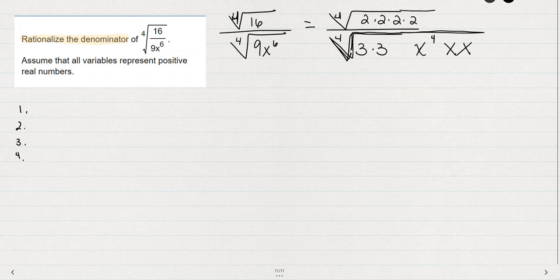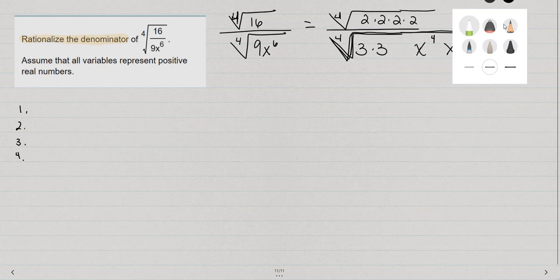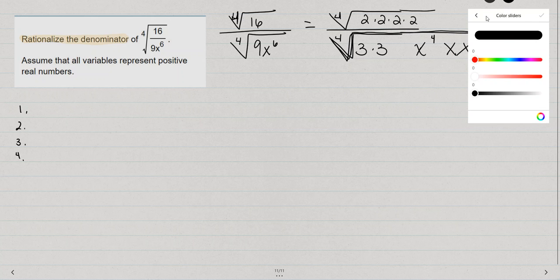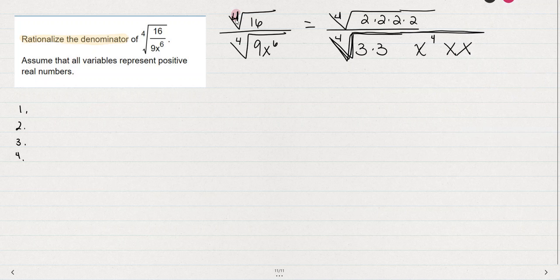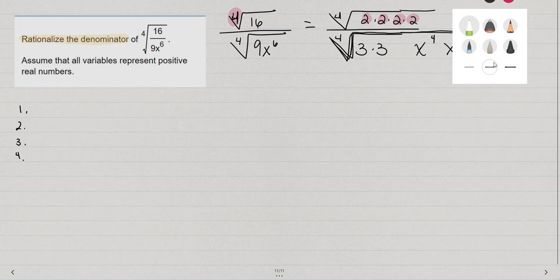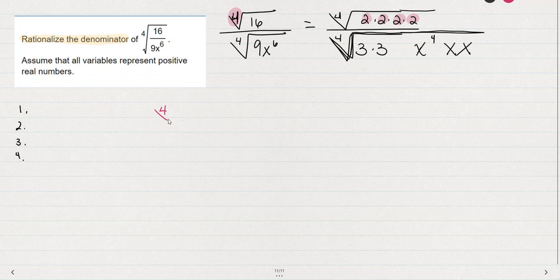And when I see this numerator, by the way, I'd recognize, oh, I've got 4 of a kind. Why was I looking for 4 of a kind? If this index is 4, then as soon as I have 1, 2, 3, 4 of something, then I can remove it from the radical. So in other words, the fourth root of 2 to the 4th power is 2, because this 4th power and this 4th root cancel each other out.